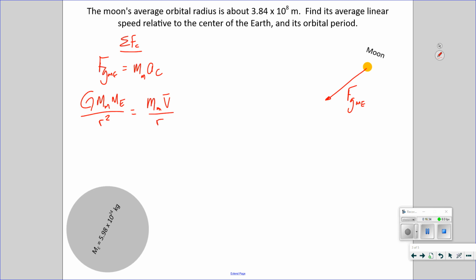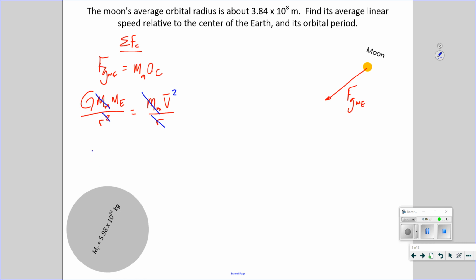Now, again, these two R's don't mean the same thing, but since we're talking about on average, let's call these things equivalent. And the mass of the moon is irrelevant. That's why it's not provided. And whoops, this is a squared, mv squared.